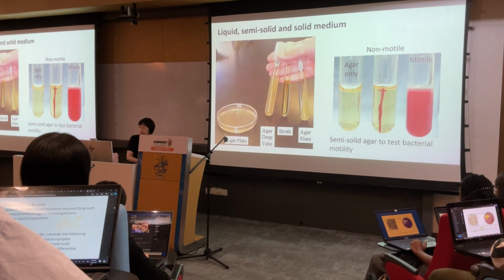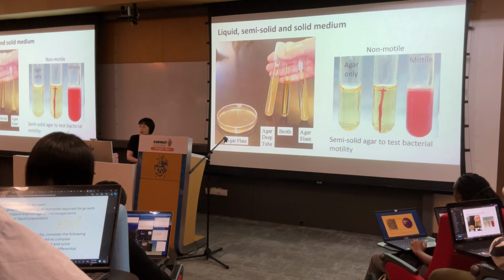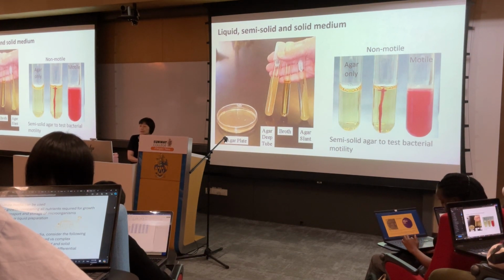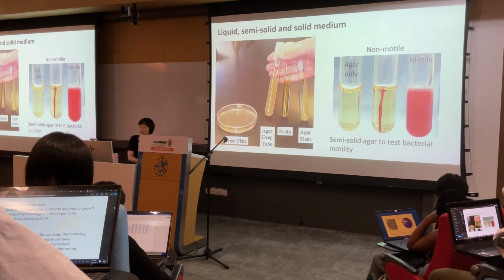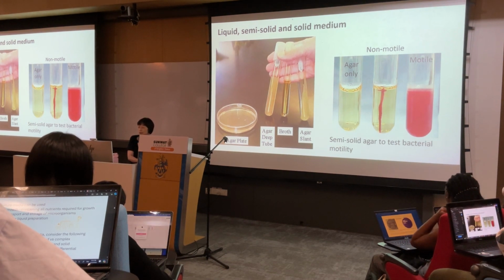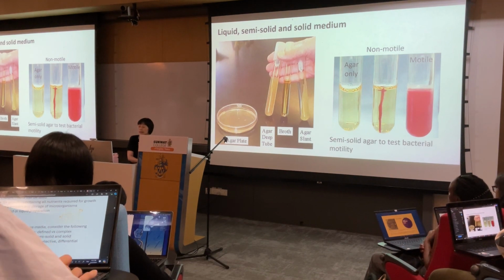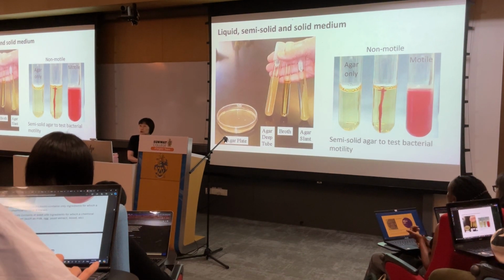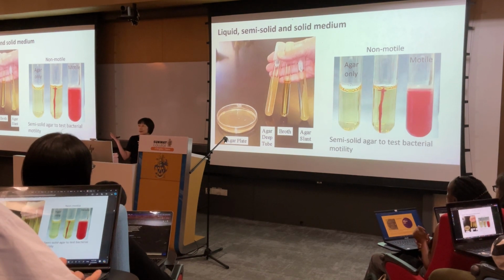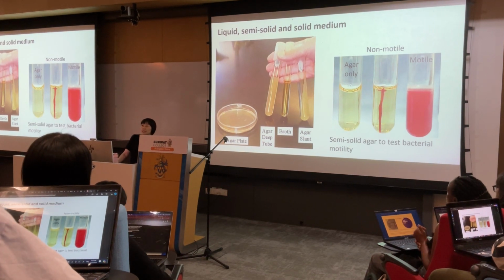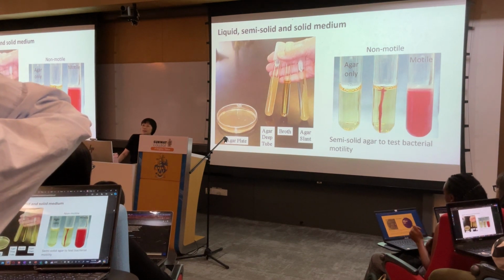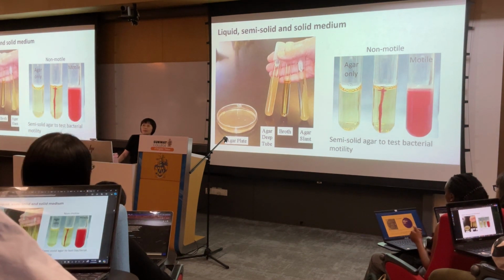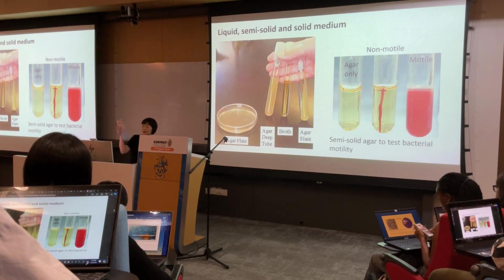The second one that you need to know is how many different types of medium in their physical form you can use. It depends on your purpose, really. For example, if I want to grow a large amount, because I need to extract a certain protein out of the bacteria, I need a very large amount, for example 1 liter, let's say 1.25 liter.